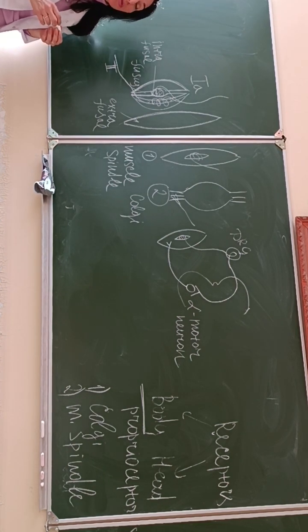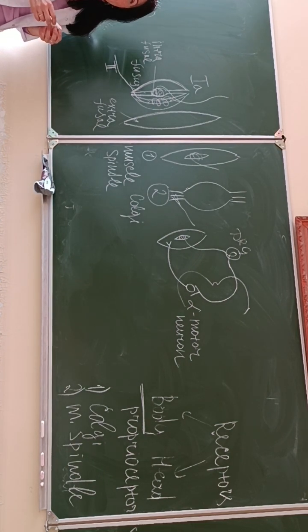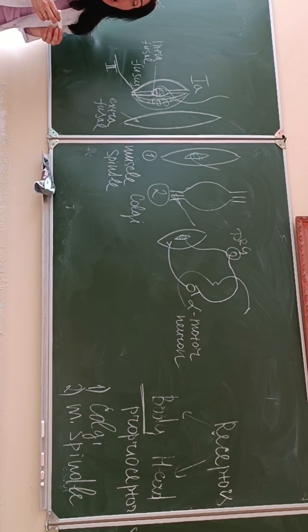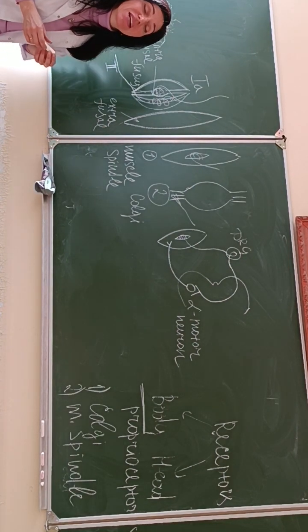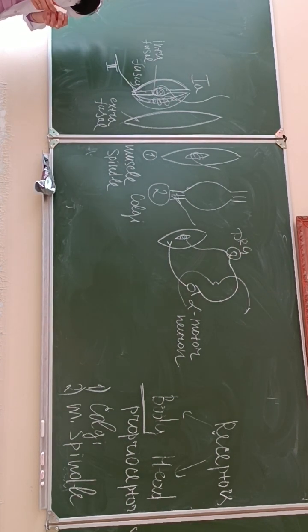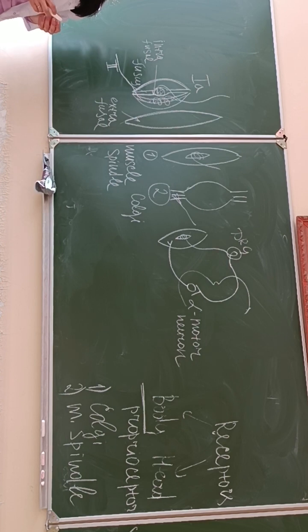What type of motor neuron? Alpha motor neuron innervates extrafusal muscle fiber. What neuron innervates intrafusal muscle fiber? Gamma.